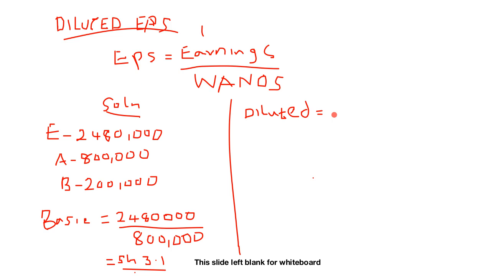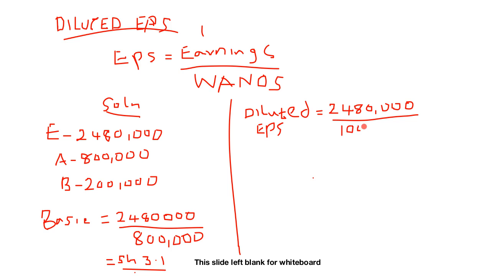So our diluted earnings per share will be given by 24.80,1,000 divided by the sum of 800,000 plus the 200,000, which is now 1 million.